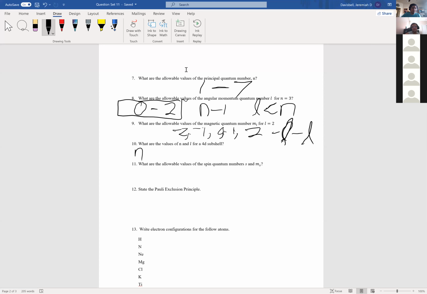So for 10, we're looking at the values for N and L for the 4D subshell. So when we're looking at the D subshell, what do we say about the D subshell when it comes to N?